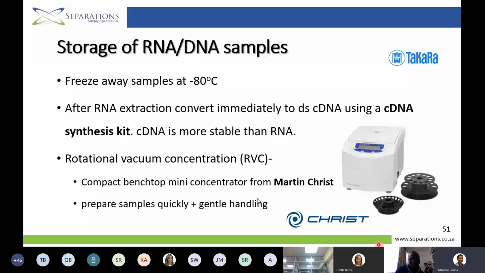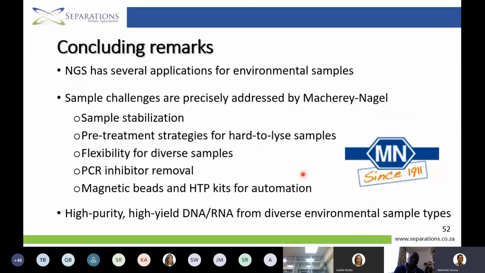Great, so we've come to the end of this presentation. I hope that I've highlighted to you how NGS can be useful for environmental studies. Also how Macherey-Nagel addresses precisely the challenges that are usually faced when working with environmental samples, especially in NGS workflows.